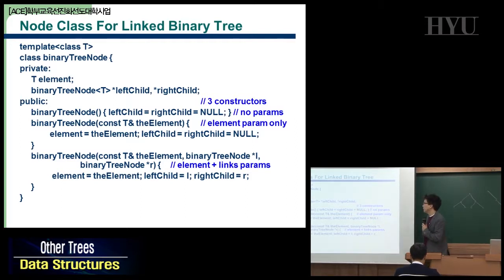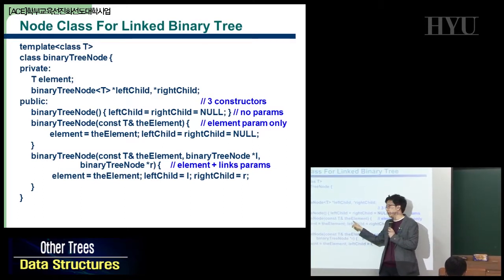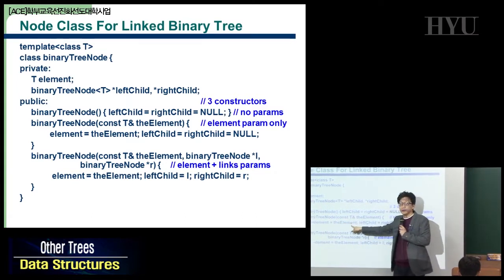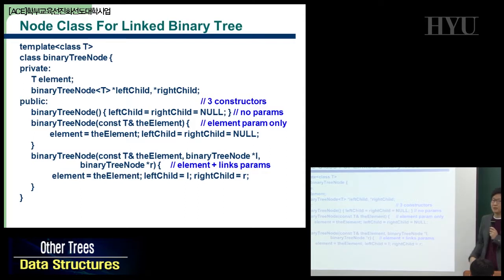The binary tree node, T element parameter only. So I'm gonna put the value for this binary tree node, given whatever I give, maybe I can put it as 1. Element is 1, left child, right child, null. At this point, I just give a value to this element.